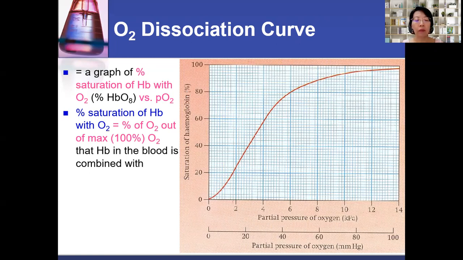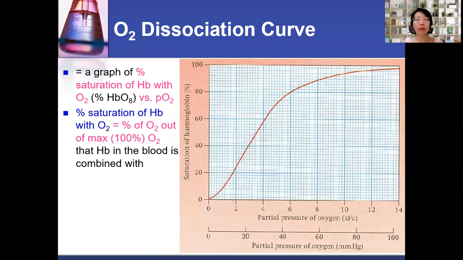So when our hemoglobin is fully saturated, it can carry 100% of oxygen. When it is carrying 50% of its maximum capacity, it is called 50% saturated. So our hemoglobin is 50% saturated with oxygen.